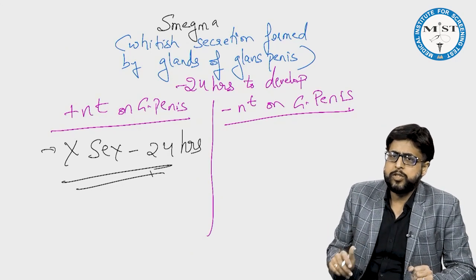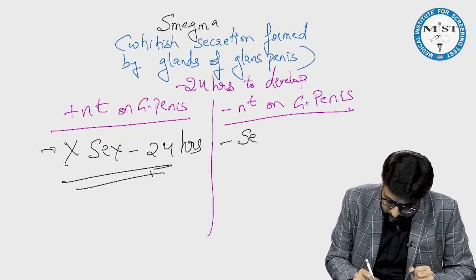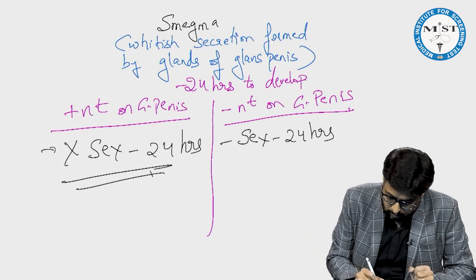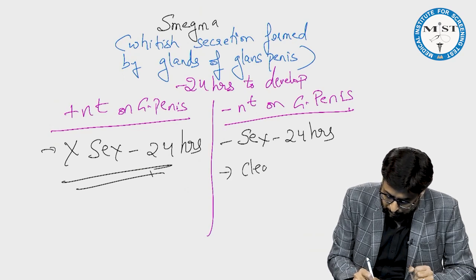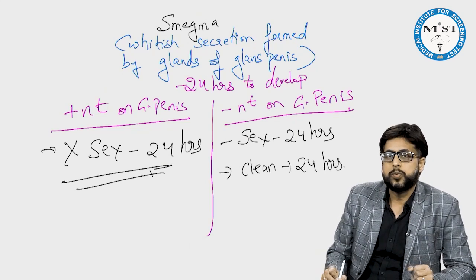If it is absent, it indicates either there has been sexual activity in the past 24 hours or cleaning of private parts has been done in the past 24 hours. Either of these two.